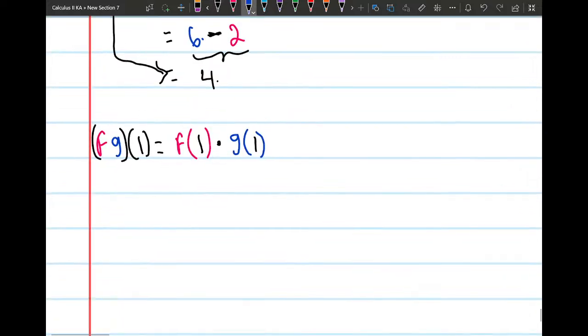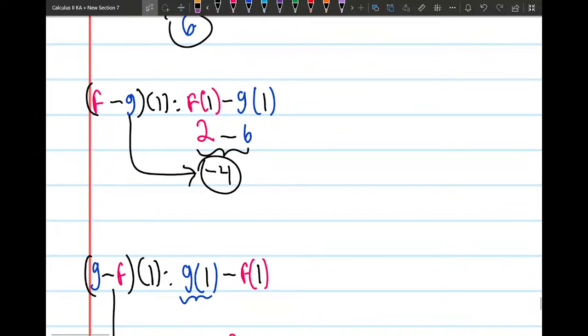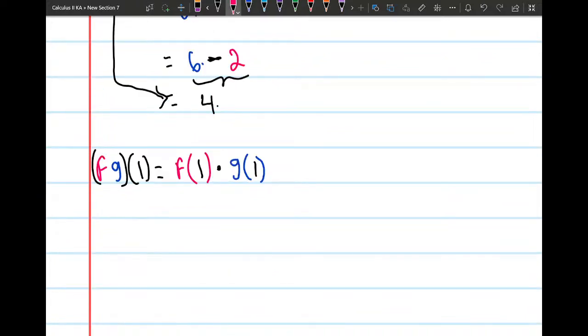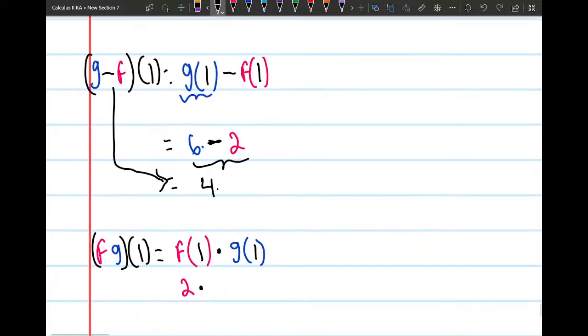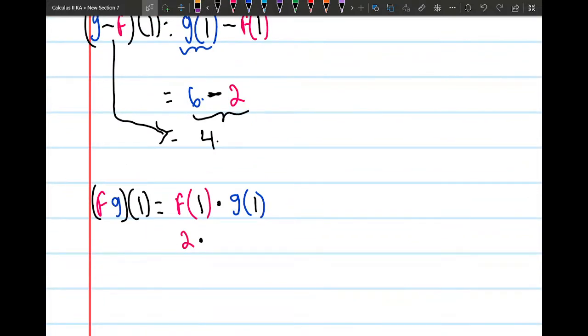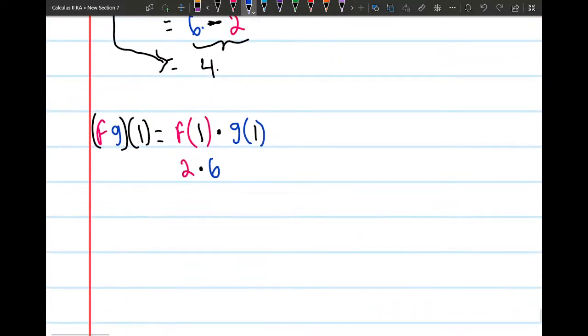With this we know f of 1 was 2, so it's going to be 2 times g of 1. g of 1 was 6. So we have 2 times 6, and we know that 2 times 6 is going to be 12. So we know that fg of 1 is 12, right, guys?